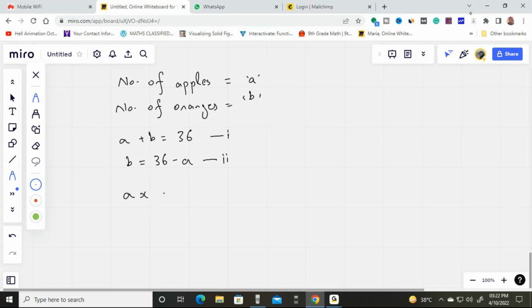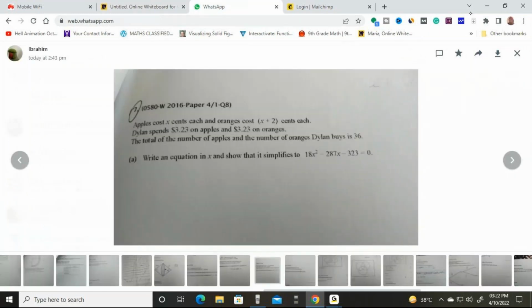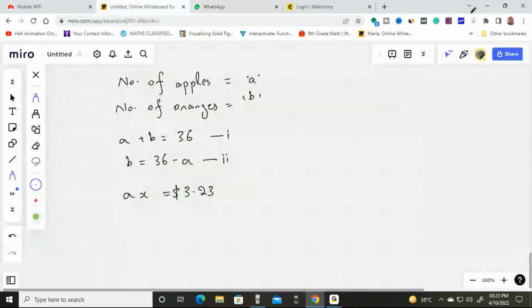And it is equal to a total of $3.23. And as you see, x is actually cents. We need to convert cents into dollars, because the total amount is expressed in dollars. So x cents is equal to how many dollars? You know that $1 is equal to 100 cents.